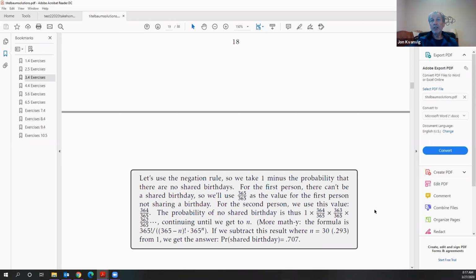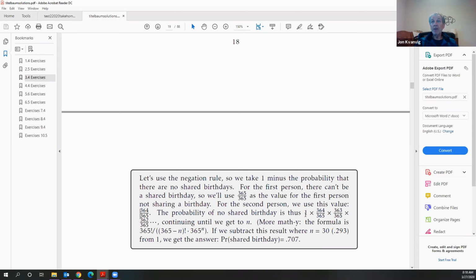So we use 365 over 365 for the probability of not sharing a birthday for the first person. For the second, there's 364 days left. So the probability for 2 people not sharing a birthday is 364 over 365. It's basically 1 times that number, which of course is just that number.